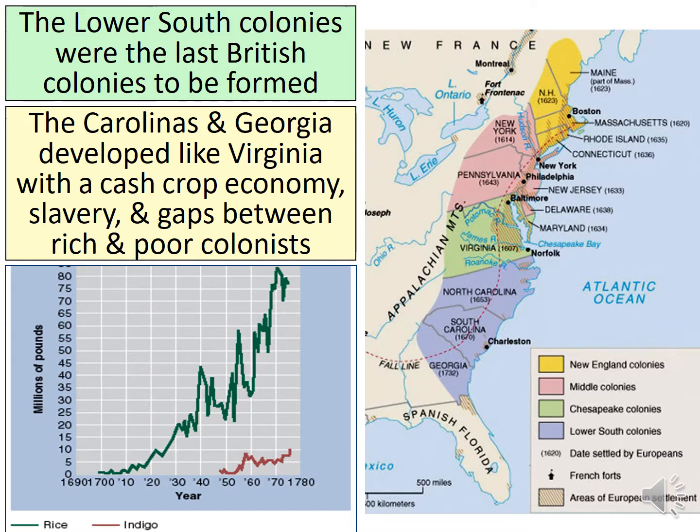And the way that happens is just overflow from Virginia. So Virginia is becoming populated, and people that are poor can't own land in Virginia, or they can't own large portions of land, because you have to remember, these people are growing cash crops, and so you have to grow a large amount to be profitable.